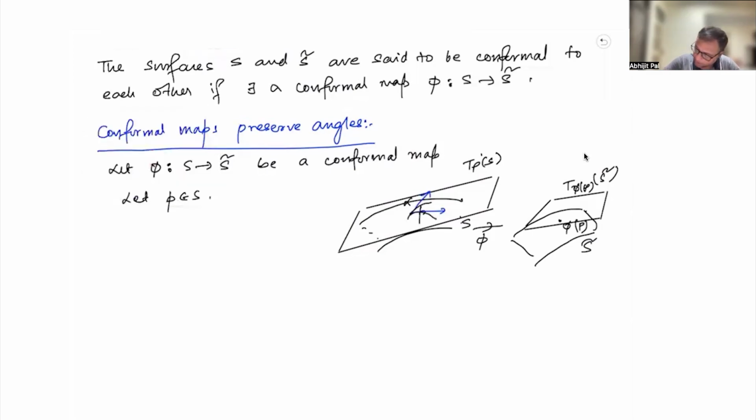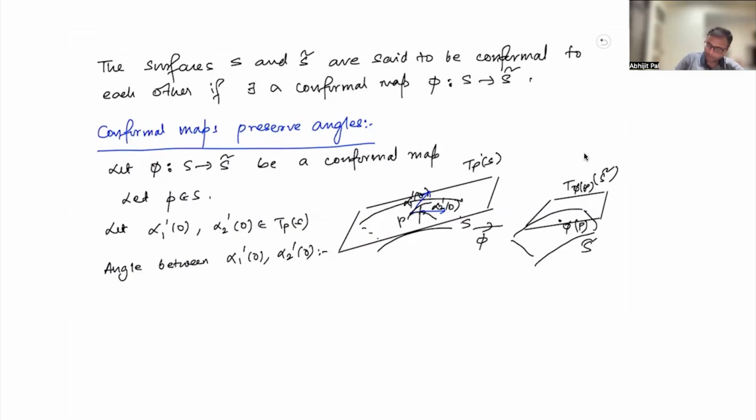Let us call these alpha 1 prime 0 and alpha 2 prime 0, and this is my point P. So let alpha 1 prime 0 and alpha 2 prime 0 be two tangent vectors at the point P. Now what will be the angle between these two tangent vectors?